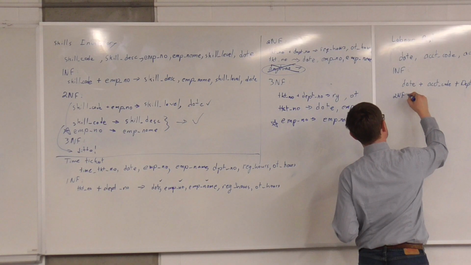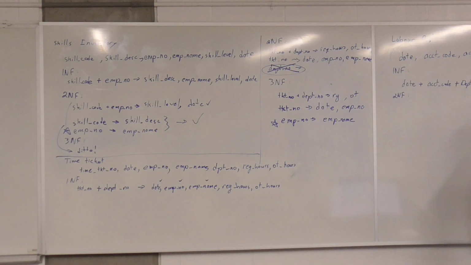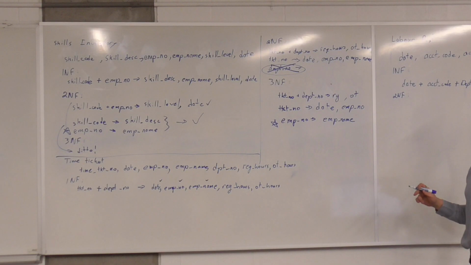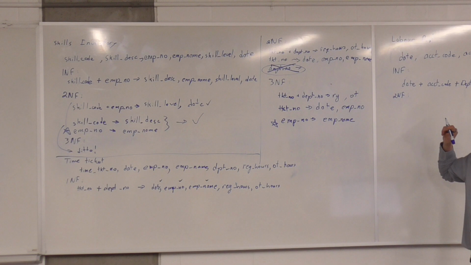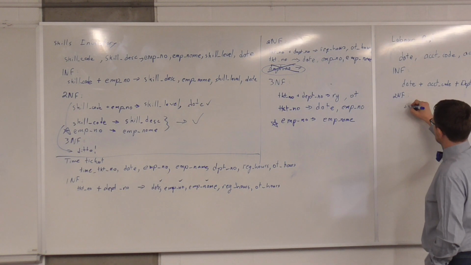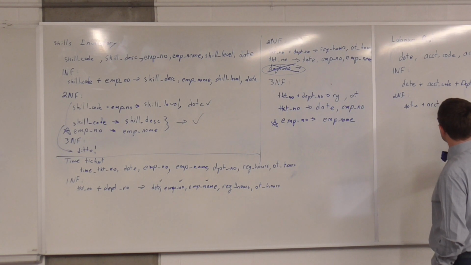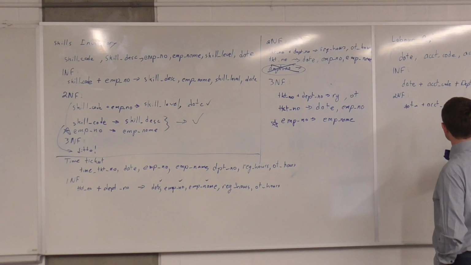Second normal form. Now, things are getting complicated. I think, technically speaking, we need to do an analysis for dependency on each of these groups, right? Which means that we end up with date plus account code plus department number.